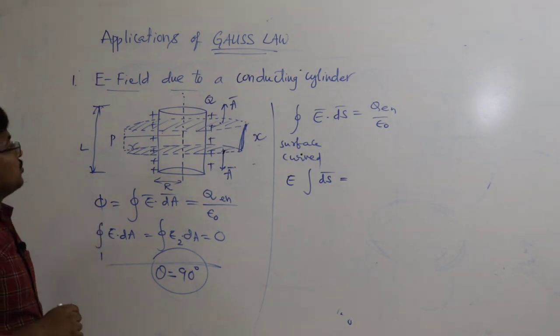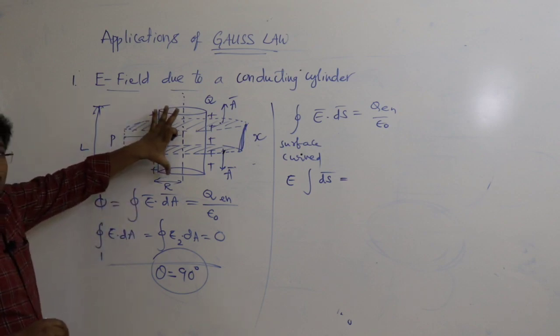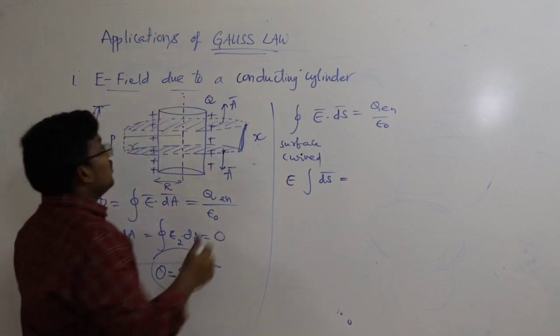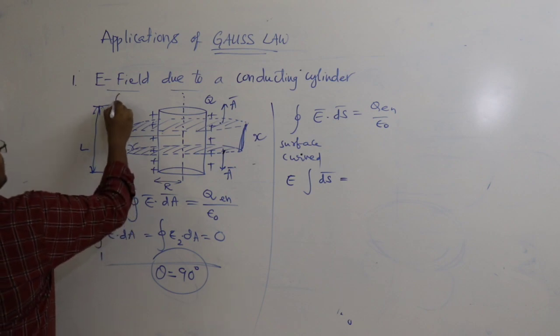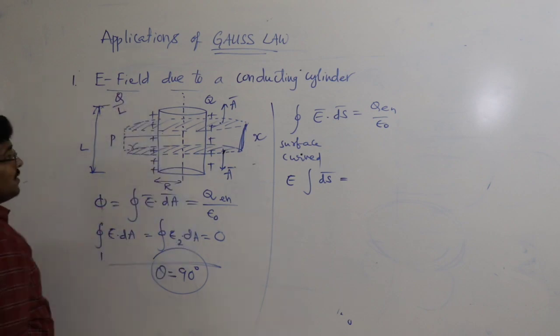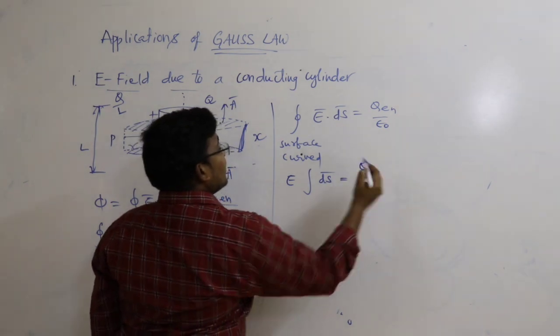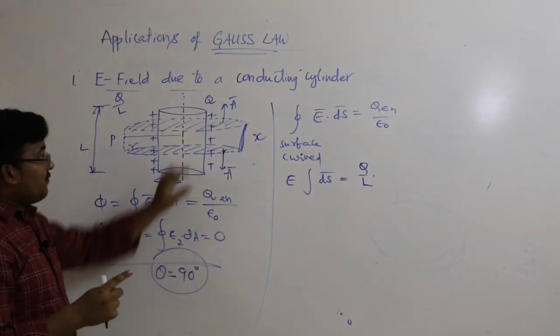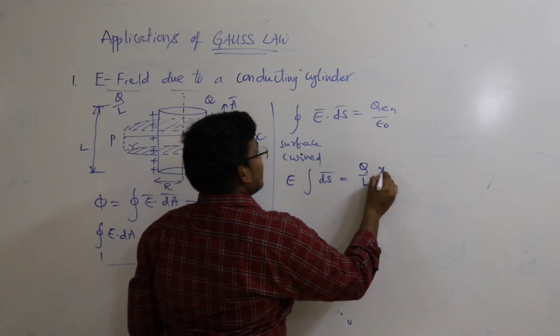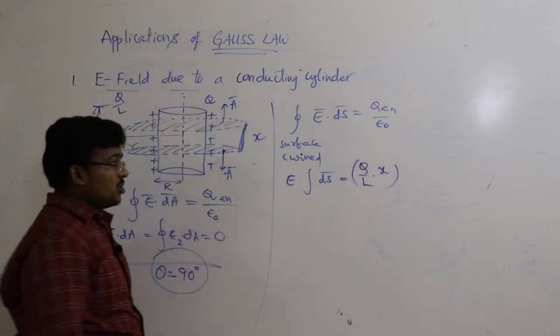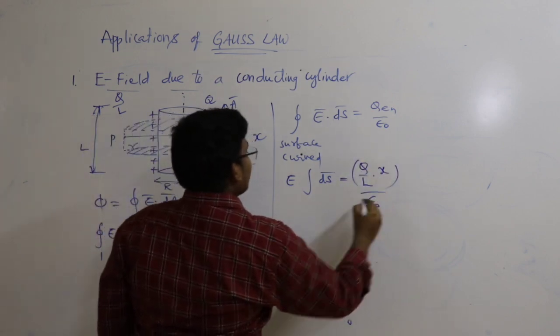The total rod length is L, so you can say that for unit length Q by L is there, but for this length x, Q by L into x is the enclosed charge, by epsilon naught.